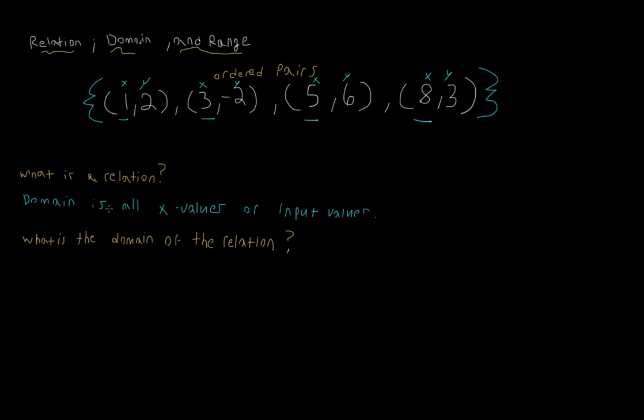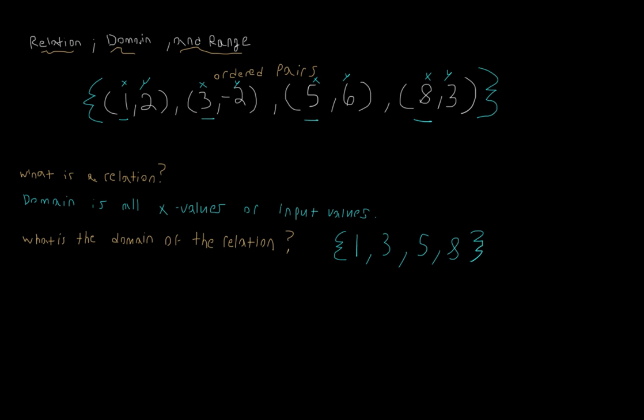Well, we know that the domain is all x values or input values of the relation. So let's put them all together. Actually, they're not in parentheses, they are in braces as well. Okay, so we know it's 1, the domain is also 3, also 5, and 8.